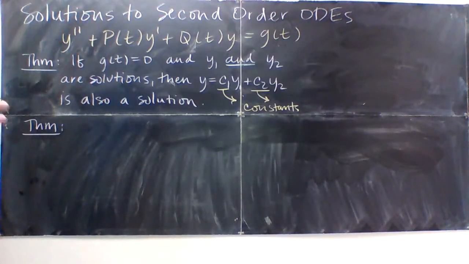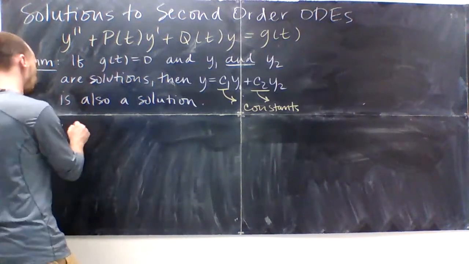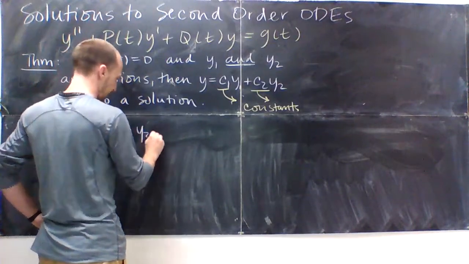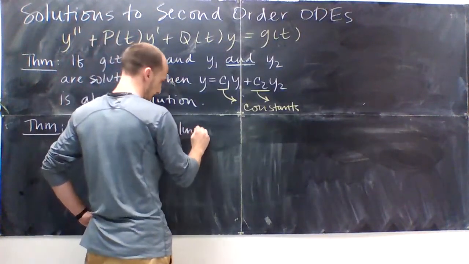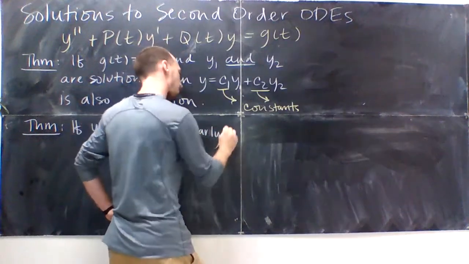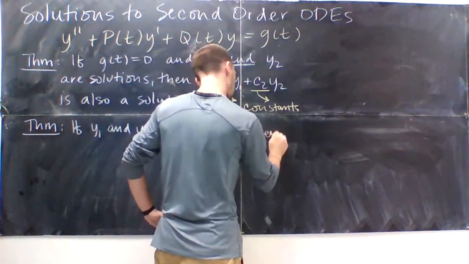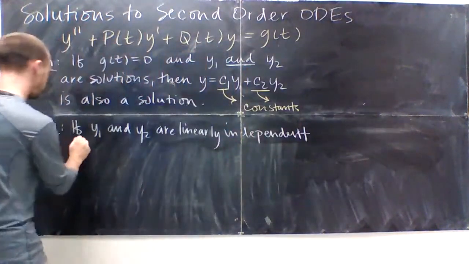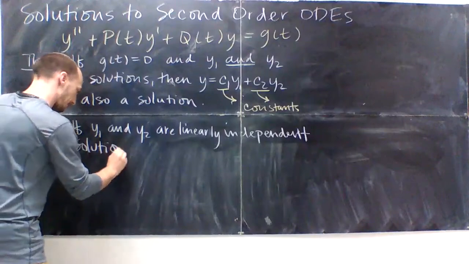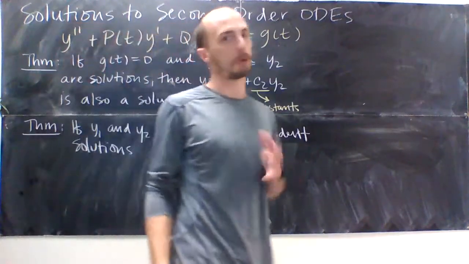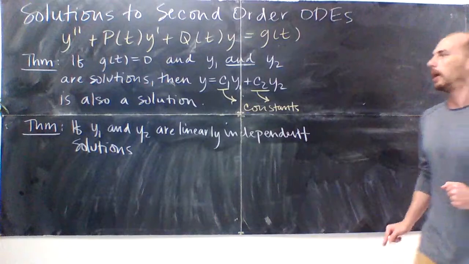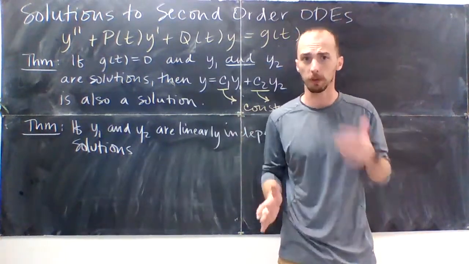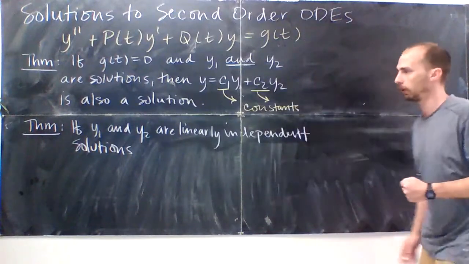So if we have two solutions that are what we would call linearly independent, and by linearly independent, I mean pretty much the same thing I meant in linear algebra. Okay, y1 and y2 are linearly independent if they are not just a scalar multiple of each other, a constant multiple of each other.